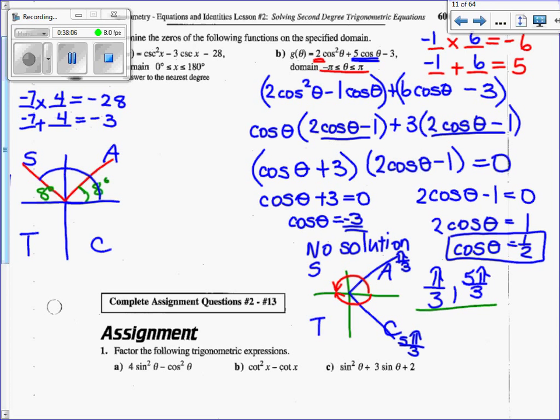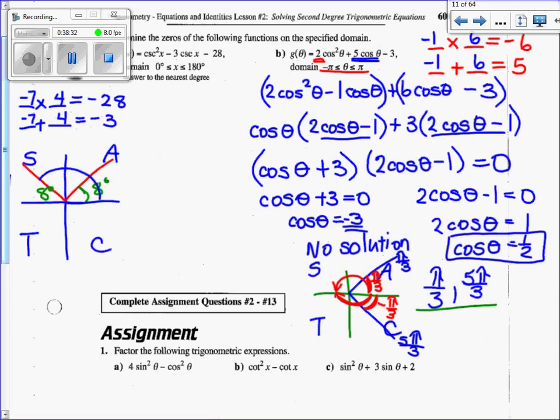So when I'm going this way, how much is this little angle here? Pi over 3, right? When I'm going this way, it's this little angle here that they're asking for. And what's this little angle? Negative direction, pi over 3, right?